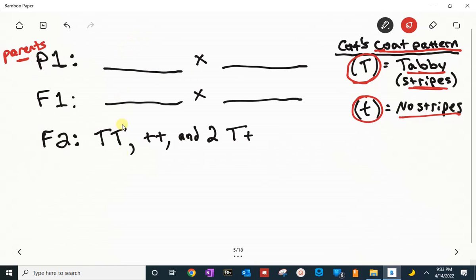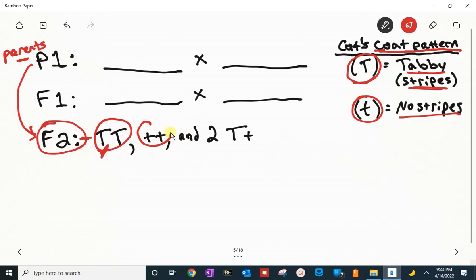So if we're looking down here, they give us how the grandchildren turned out. So this is how the grandchildren turned out. One child turned out with a homozygous dominant tabby, that's striped coat.